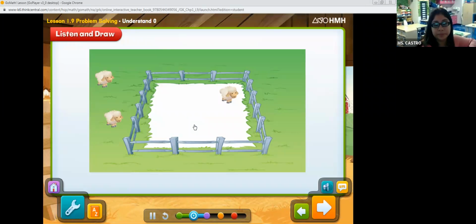Can you let it out of the pen too? Now there are no sheep in the pen. You can use the number 0 to show that there are no sheep. 0 means none or not any. You can also write the word 0 to show none. The word 0 is spelled Z-E-R-O.